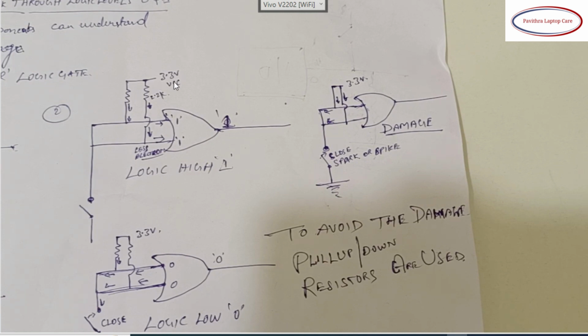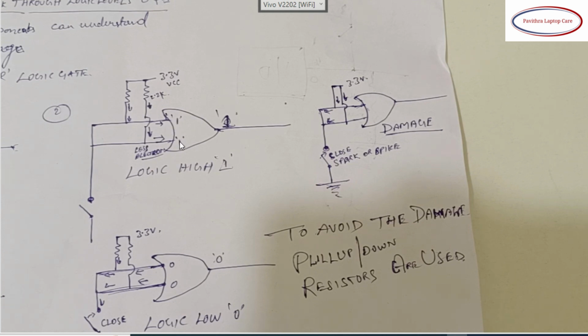In this case 3.3 volts VCC goes through the 2.2k resistor, and it will be around 3.3 or 3.2 or 3.1, whatever it may be, that will be connected to these particular pins of the OR logic gate. It means because of this open condition, voltage will pass through these connectors, then it will become high, meaning here we get 3.2 volts as it is.